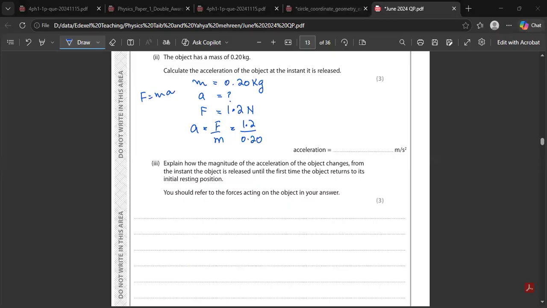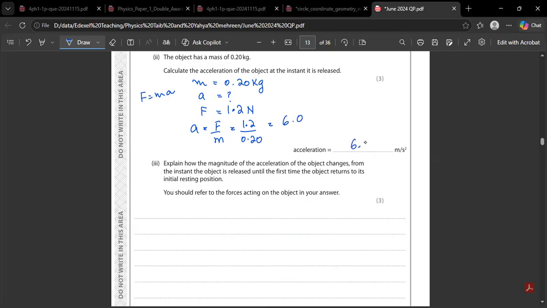Anyone please tell me. It will be 6.0 meter per second squared. Done.